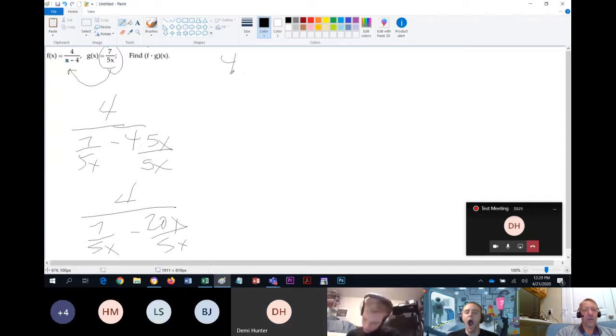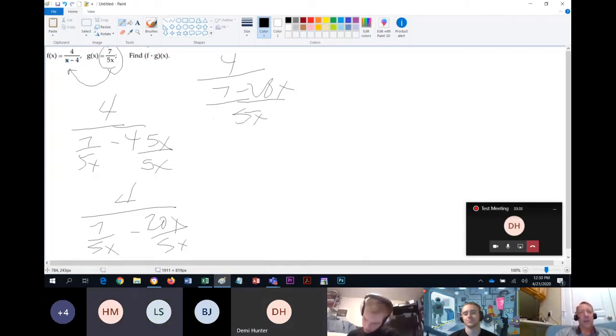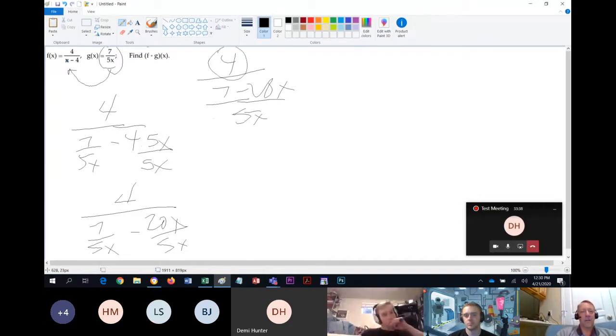So now I've got 4 over 7 minus 20x over 5x. Oh, this is so hard to write with your finger. And so now I can create this as a fraction as 4 over 1, and I can multiply by the reciprocal, which is 5x over 7 minus 20x.